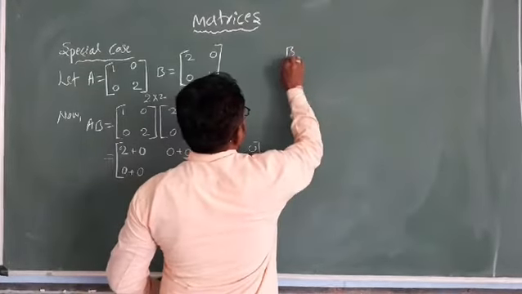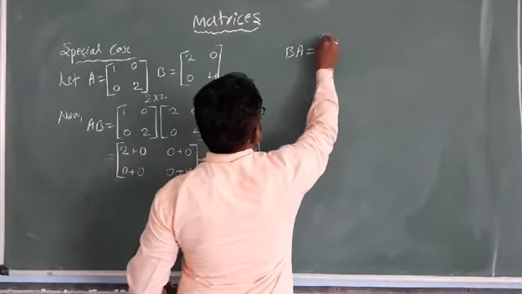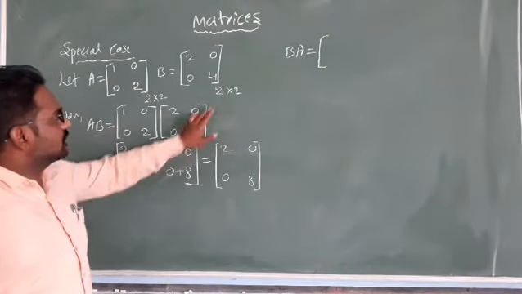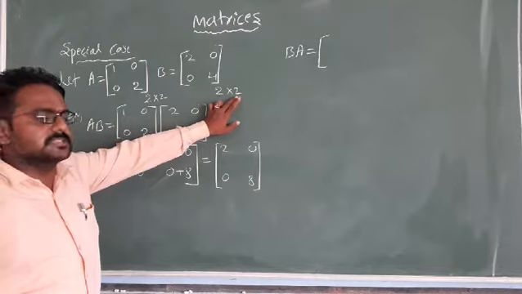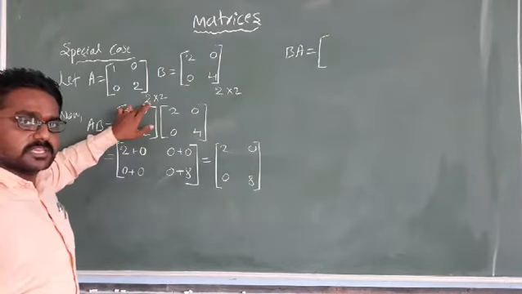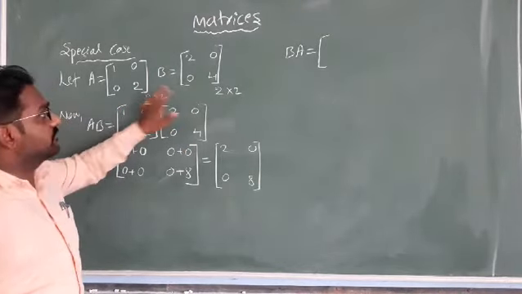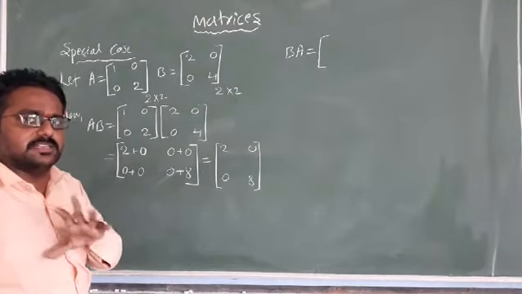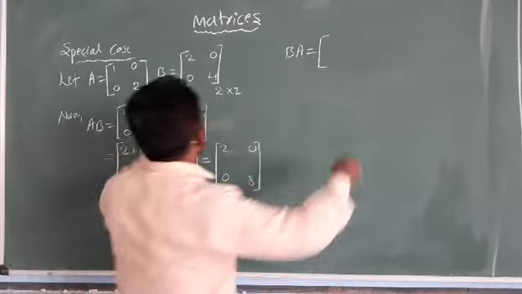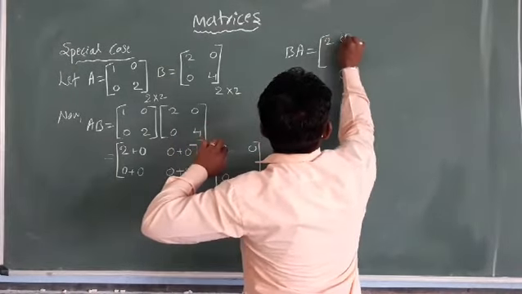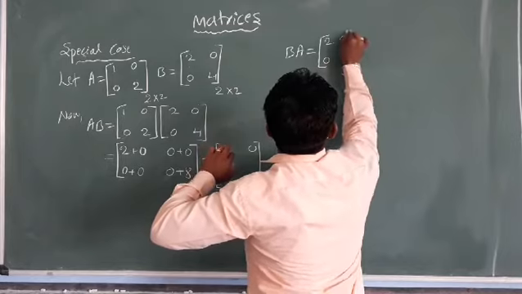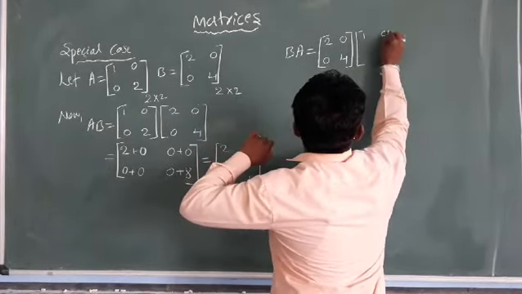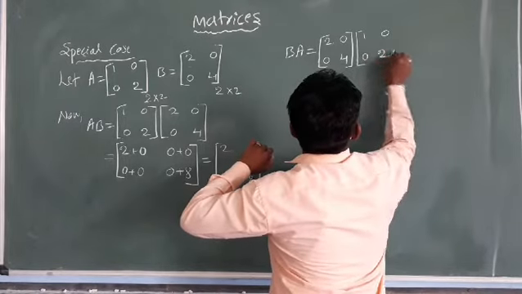So consider the second product, that is BA. Whether BA exists or not? Yes, it also exists, because the number of columns of the matrix B is equal to the number of rows of the matrix A. So it is conformable for the multiplication of the matrices. What is B? That is 2 0 0 4. And what is A? 1 0 0 2.